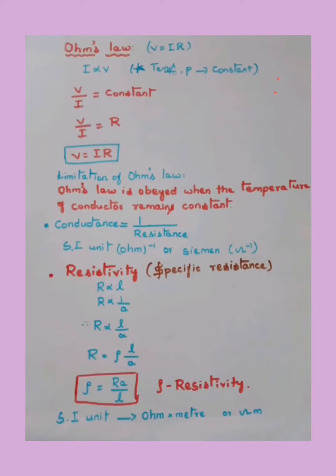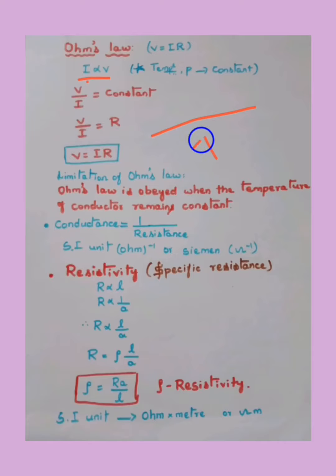Now let's learn about Ohm's law. This law was given by a scientist named Ohm, hence we call this Ohm's law. And the general expression of Ohm's law is V is equal to IR. V stands for potential difference, I for current, R for resistance. And according to Ohm's law, the current flowing through the conductor is directly proportional to the potential difference applied across its ends.